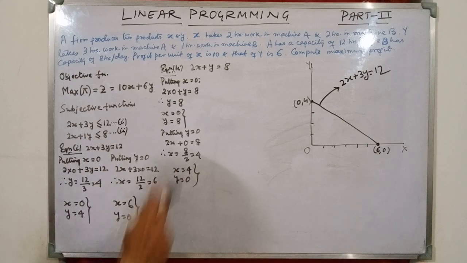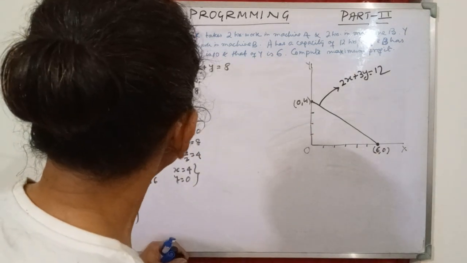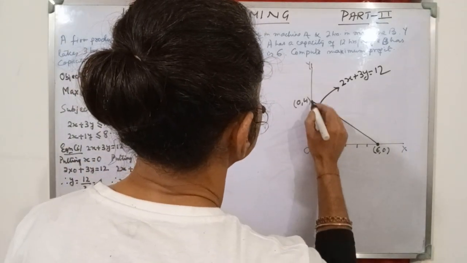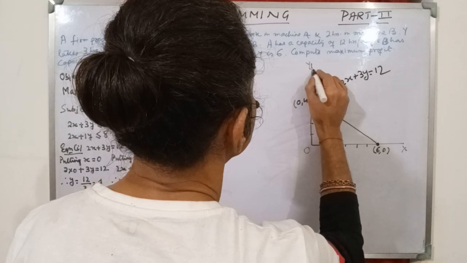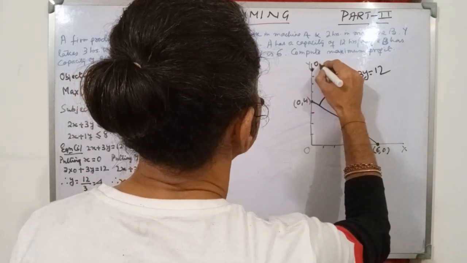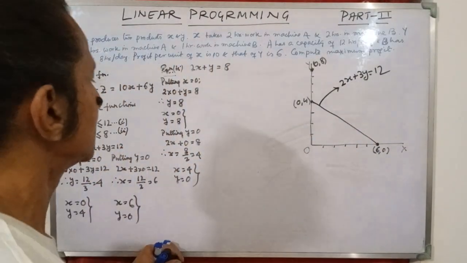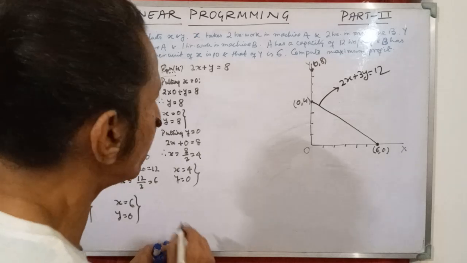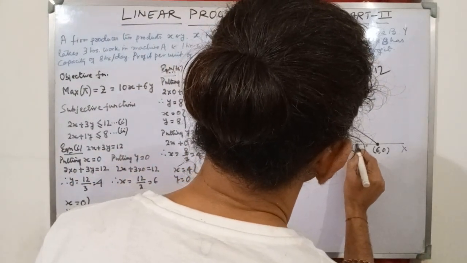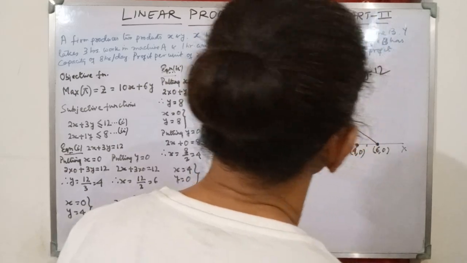Now we shall plot these values here. Which is the first one? x 0, y 8. So this is 0, 8. And the other is 4, 0, x 4, y 0. 1, 2, 3, 4, so this is 4, 0.